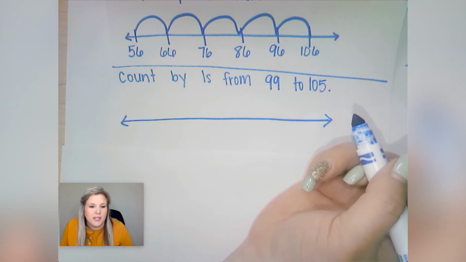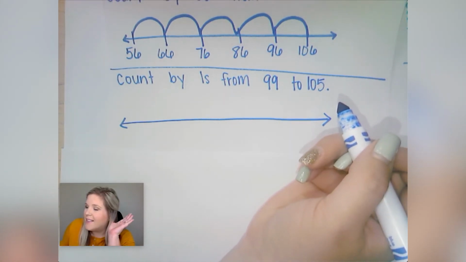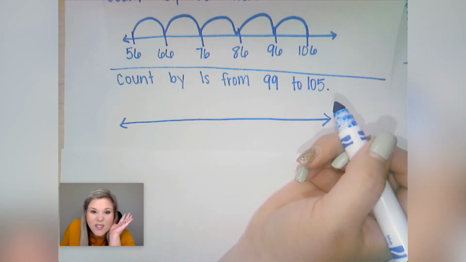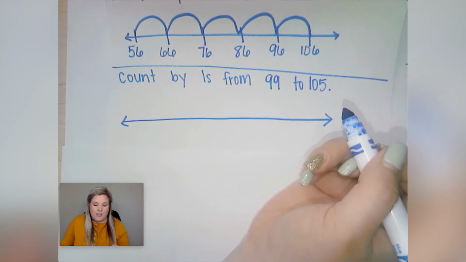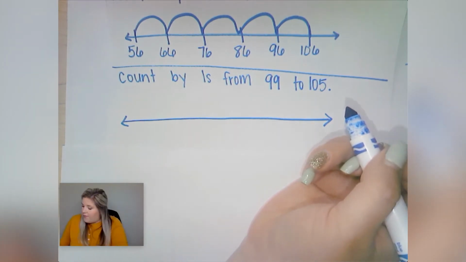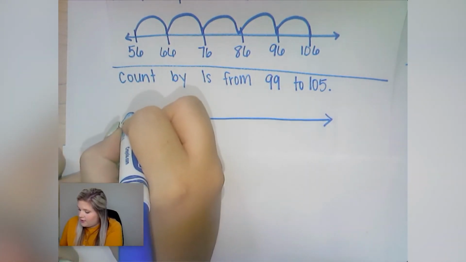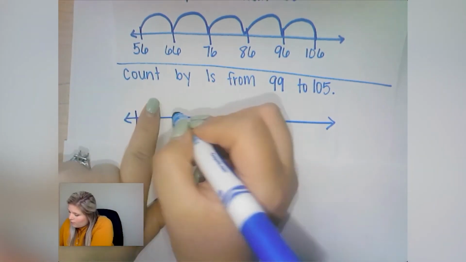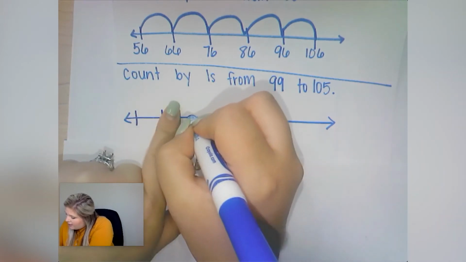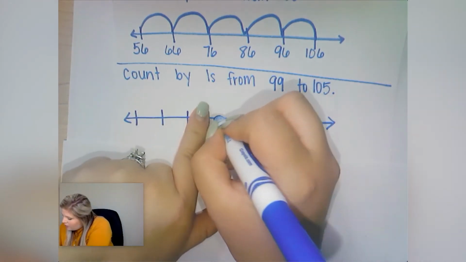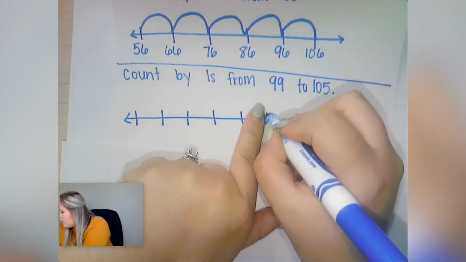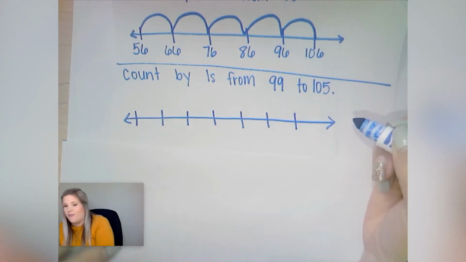What do I need to do first? Yes, first I need to draw my counting marks. There's the counting mark for 99, 100, 101, 102, 103, 104, 105.